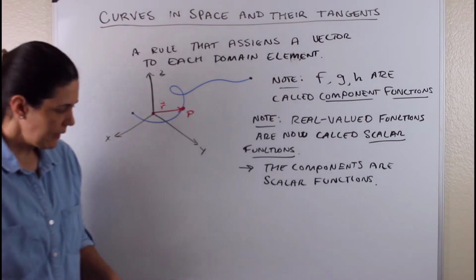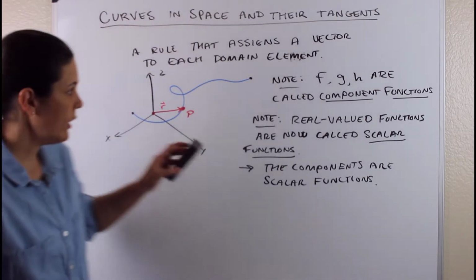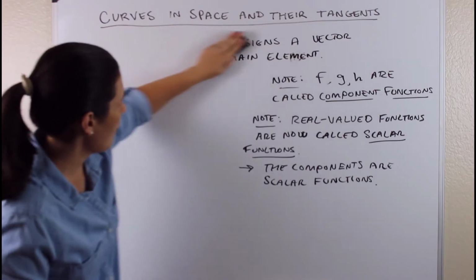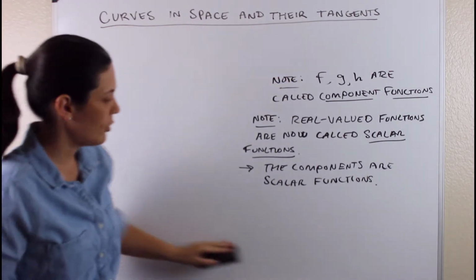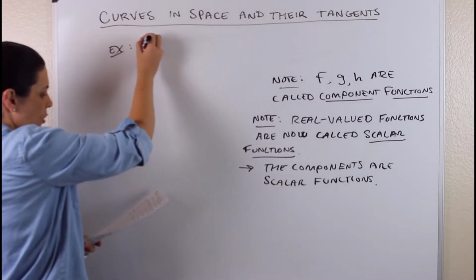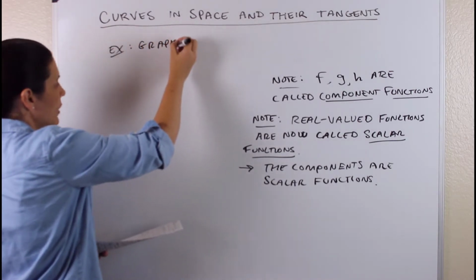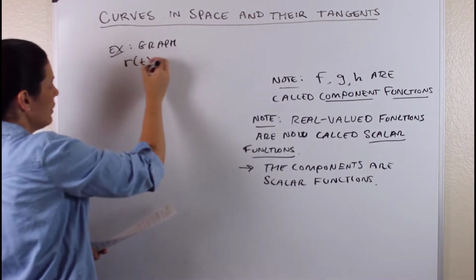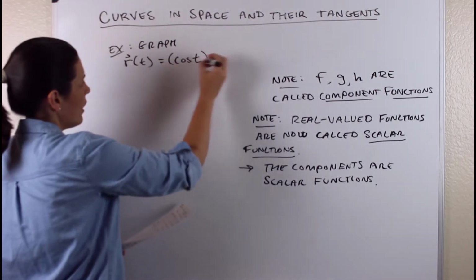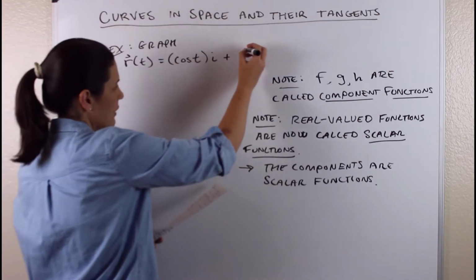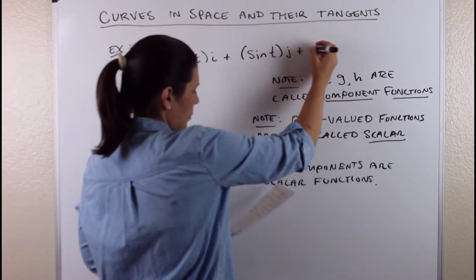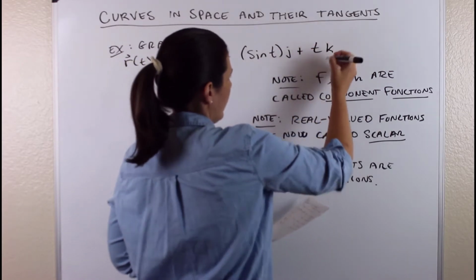Okay, so let's take a look at one of these vector functions, and I'm going to graph it on the computer with you so it's a better drawing, but let's work it out here first. So we are going to graph r of t equals cosine t i plus sine t j plus t k.